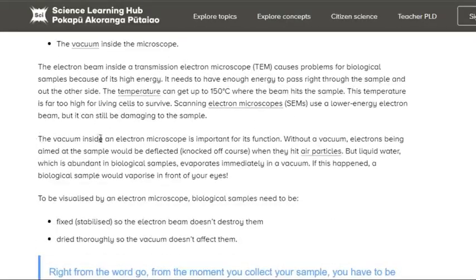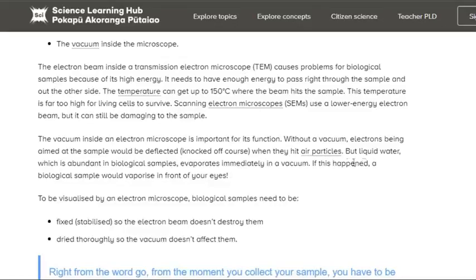The vacuum inside an electron microscope is important for its function. Without a vacuum, electrons being aimed at the sample would be deflected, knocked off course, when they hit air particles. But liquid water, which is abundant in biological samples, evaporates immediately in a vacuum.